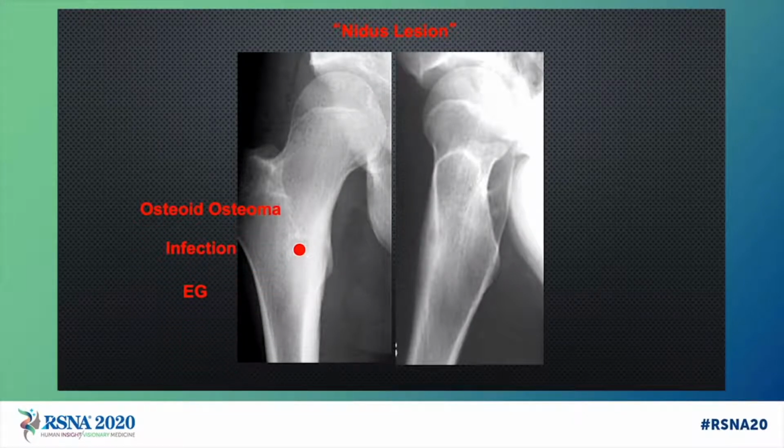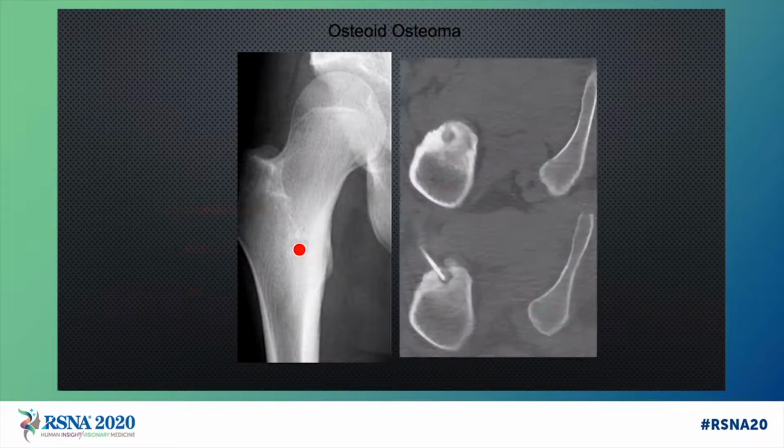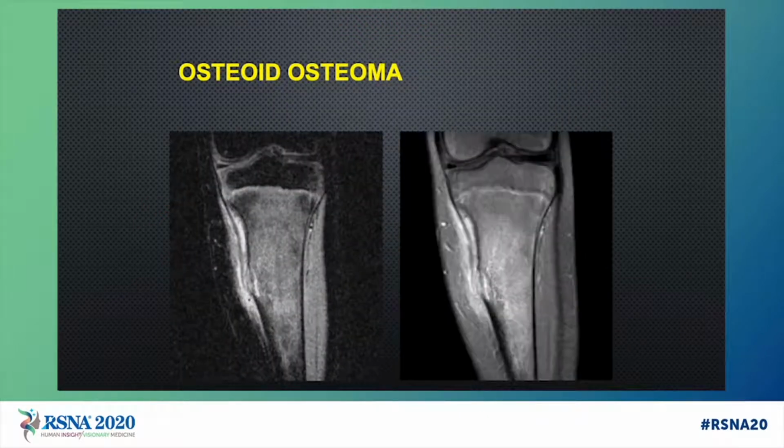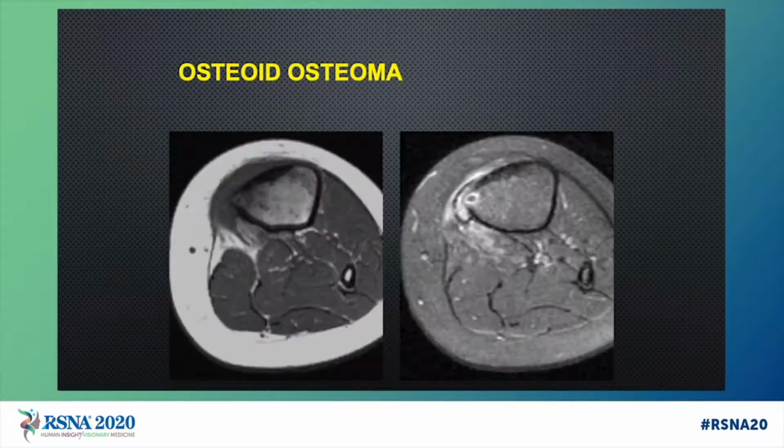This is an osteoid osteoma. Another example of osteoid osteoma, in the proximal tibia, with a lesion at the cortex this time, and with diffuse edema visualized on MRI.